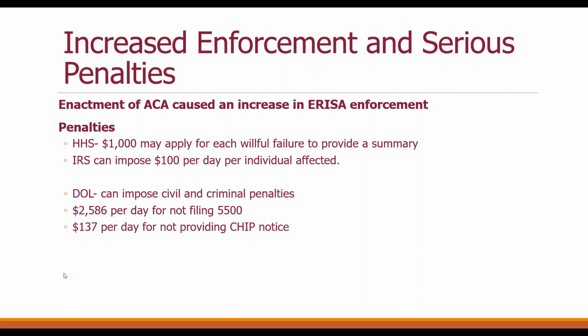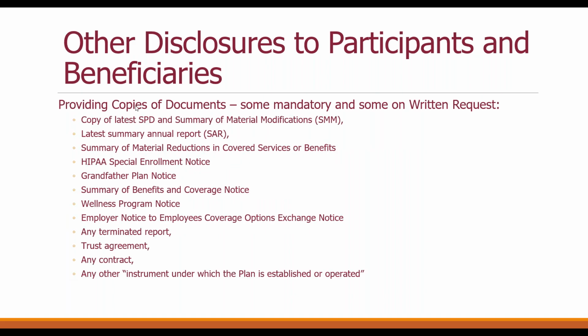In addition to the 5500s and the SPDs, we'll talk about some other things that you have to disclose under ERISA. If you have to file a 5500, you get to file a SAR, Summary Annual Report, which is similar to what an SPD is to the plan document.